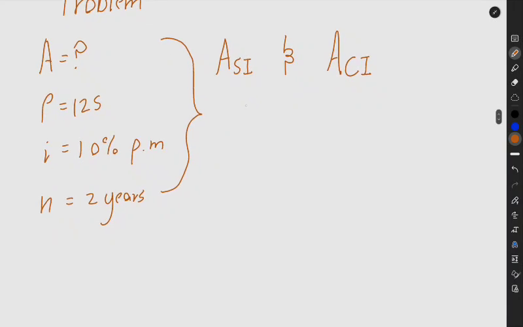All right, let's go with simple interest first. We know that A is equal to P times 1 plus I times N. Simply plugging these values in, we put P as 125, times 1, which remember just means that the original amount is there always, plus the interest, 10%, so 10 over 100, times 2 years, which effectively equals 24 months.